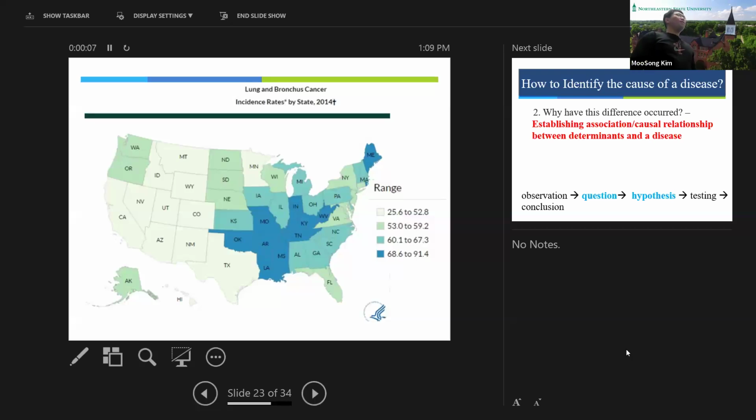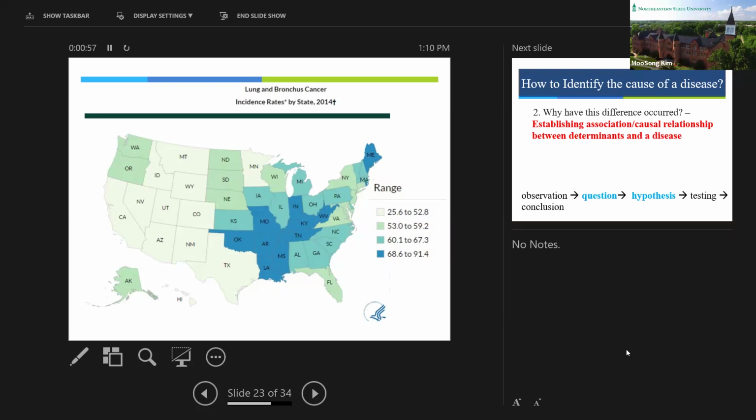Look at this data and please tell me the pattern of the disease, lung cancer. What kind of patterns did you find in terms of lung cancer?